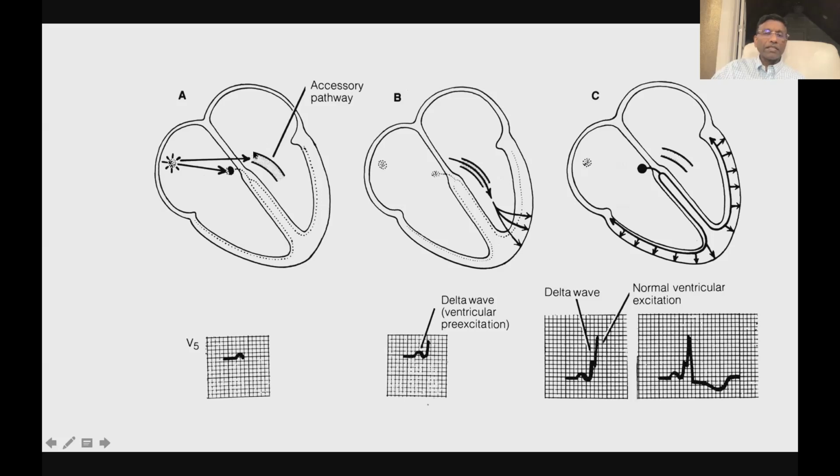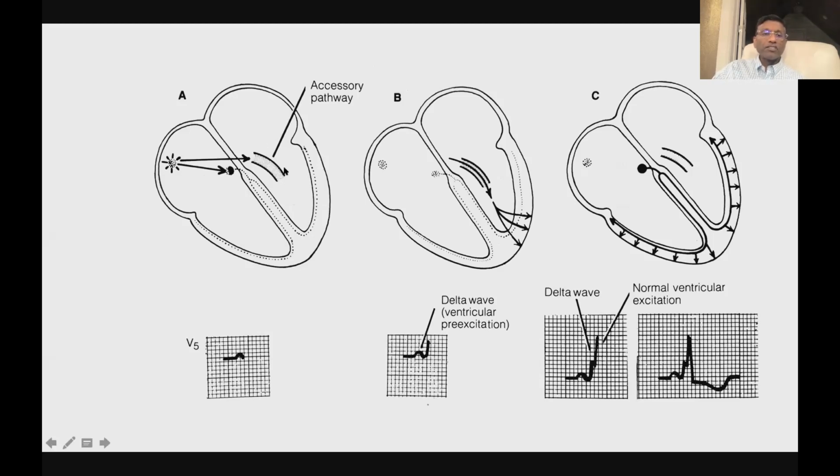And immediately, electrical propagation starts going down this pathway, and you begin to have two different wave fronts. You have activation of the ventricle from the normal conduction system, and you have activation of the ventricle, whichever ventricle it is, from the accessory pathway.